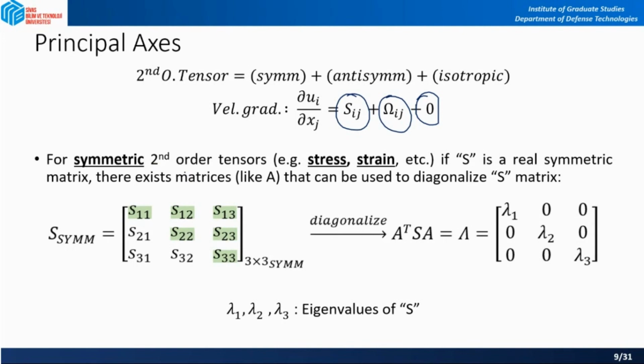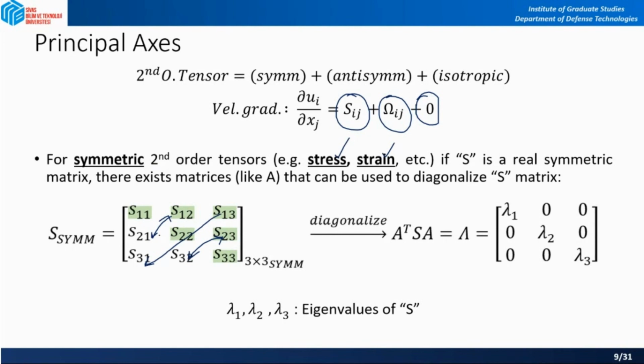So for symmetric second order tensor, like a stress, like a strain, like anything, if S is a real symmetric matrix, so S is a real and symmetric matrix. Symmetric means that S12 is equal to S21, S13 is equal to S31, and S23 is equal to S32.